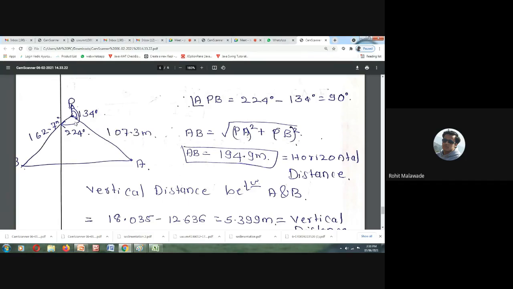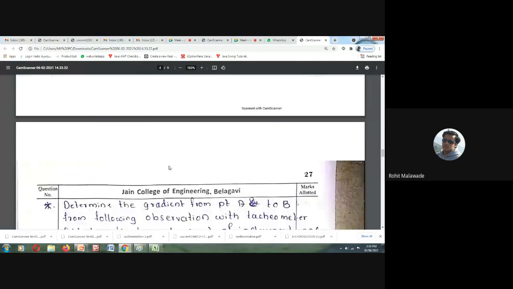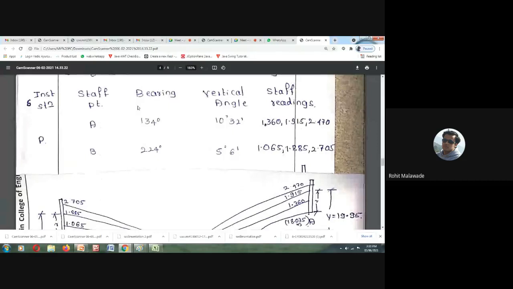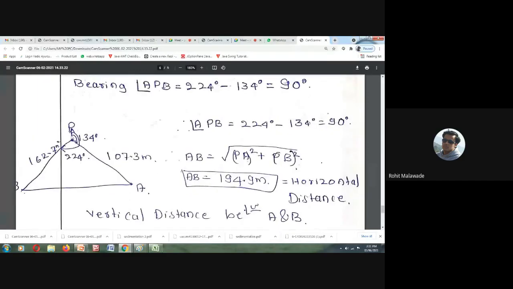P to B is making an angle of 224 degrees. So in which quadrant will I write it? Third quadrant. So I will make this in the third quadrant, and then I will be joining this and this.